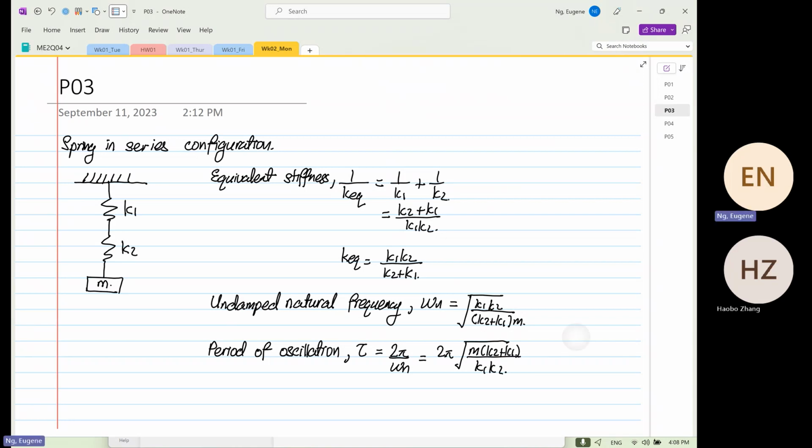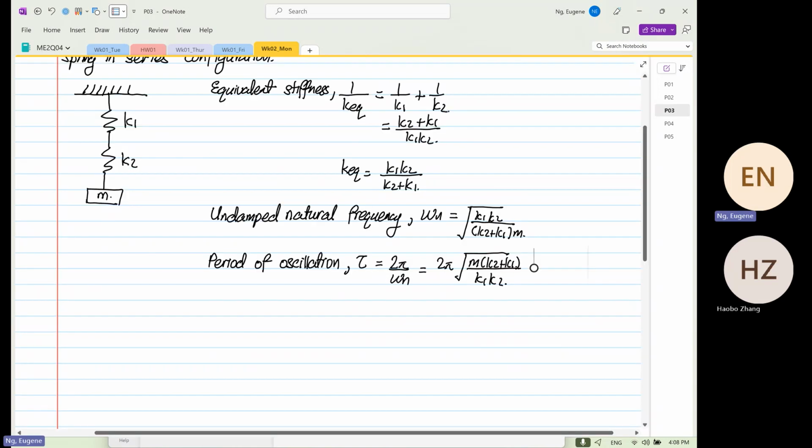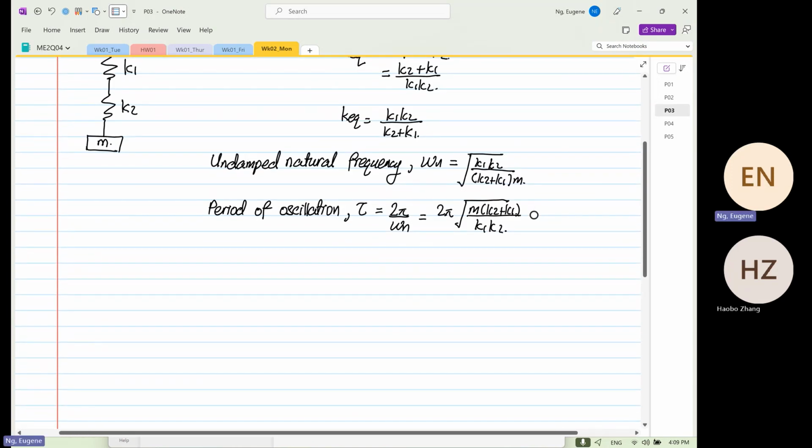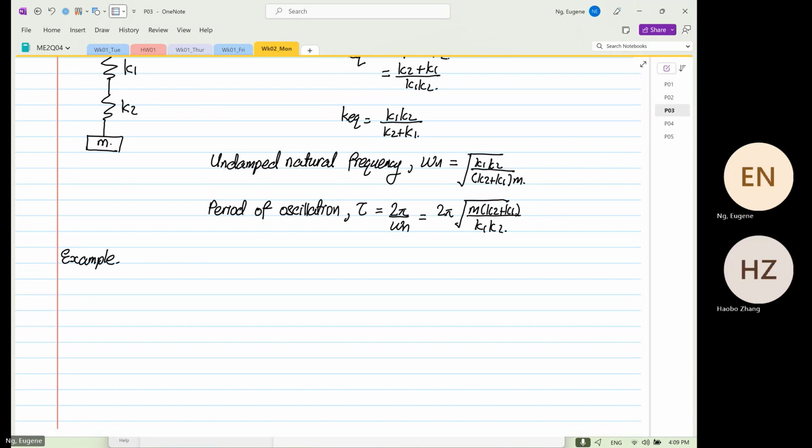So we'll quickly look at the next example, example number 3. We have a system with springs in series attached to a mass m.